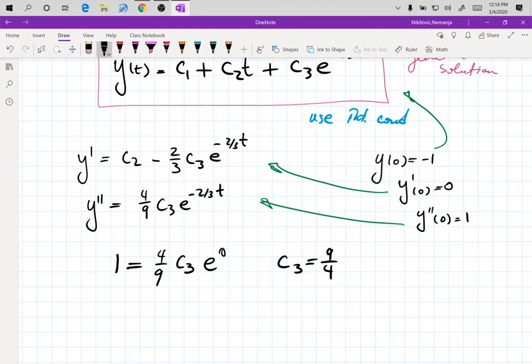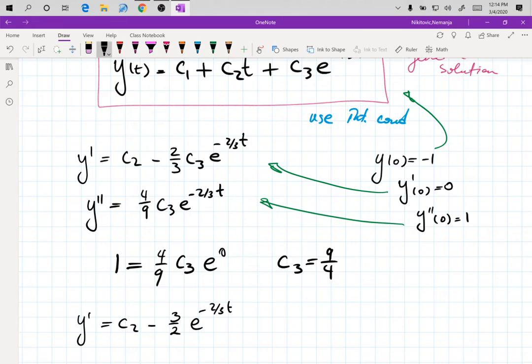Now we go to y prime. Y prime is equal to c2, and now the 9/4 kicks in there. So it becomes 3/2 when you cancel, times e to the negative 2/3 t.